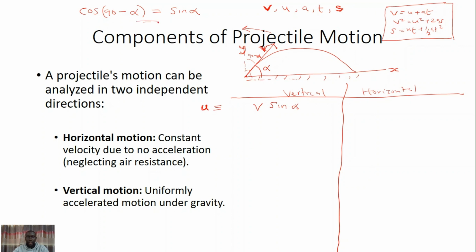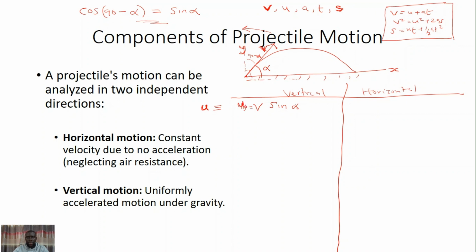Remember what I said here. So, this gives us the initial velocity along the vertical component, that's the y component. Let's call it uy along the vertical component.